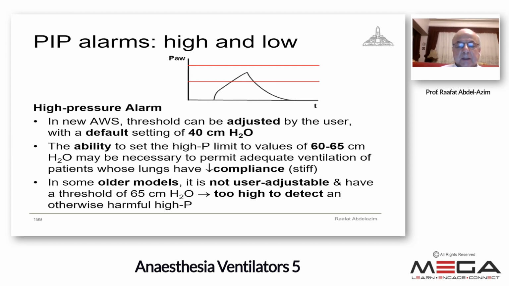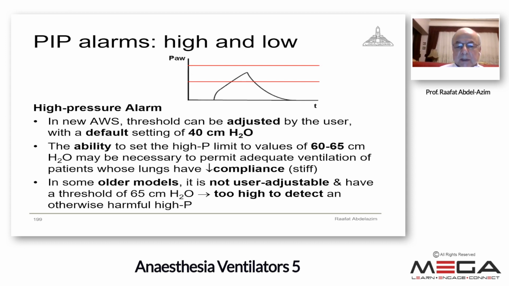For the higher limit, the default setting is 40 centimeter water, and we can readjust according to the condition, like having high compliance or low compliance, or possibility of having emphysematous bullae rupture, so we will decrease. Regarding the low limit, we should know the fact that if not adjusted, it may not detect some problems, as will be seen in the next slides.